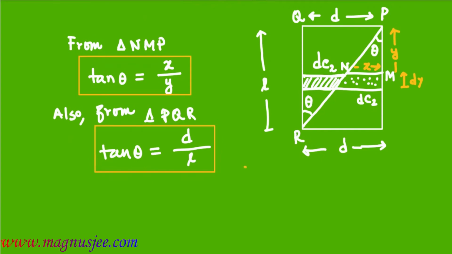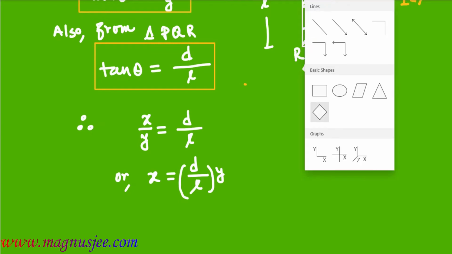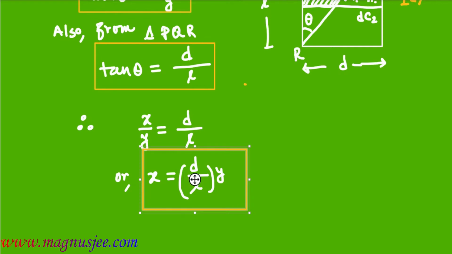Comparing the two values of tan theta, we get x by y equal d by l, or x equals (d by l) into y, that is the expression of x. Width of the elementary portion having capacitance dC1 is x, which is d by l into y.